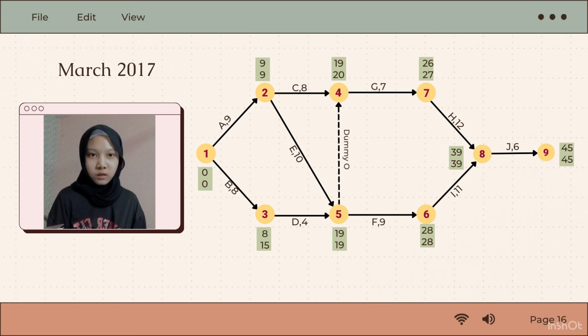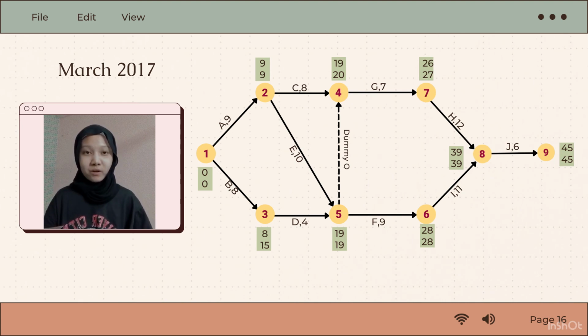For number 3, 19 minus 4 equal to 15. For number 2, we have 2 tails, which come from number 4 and 5. So 20 minus 8 equal to 12, and 19 minus 10 equal to 9. So we need to take the lowest number for LET. So number 2 is 9.